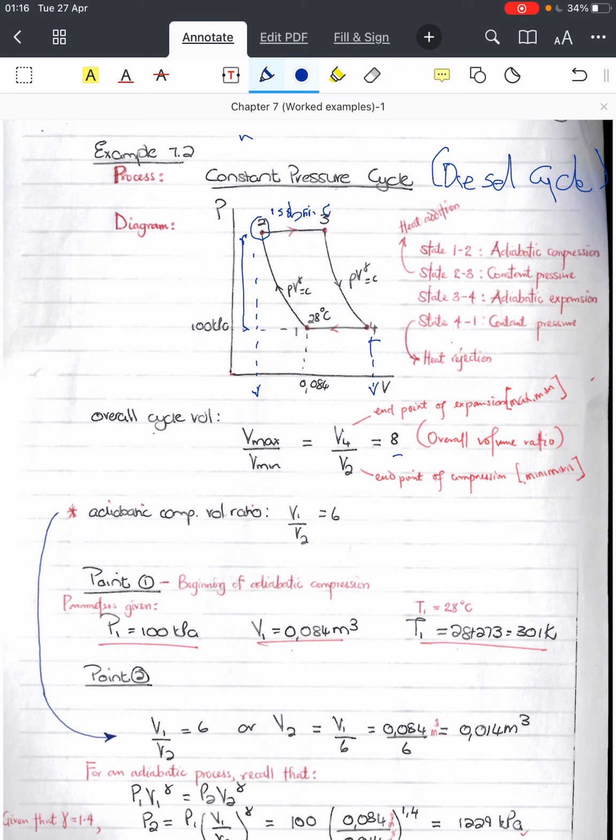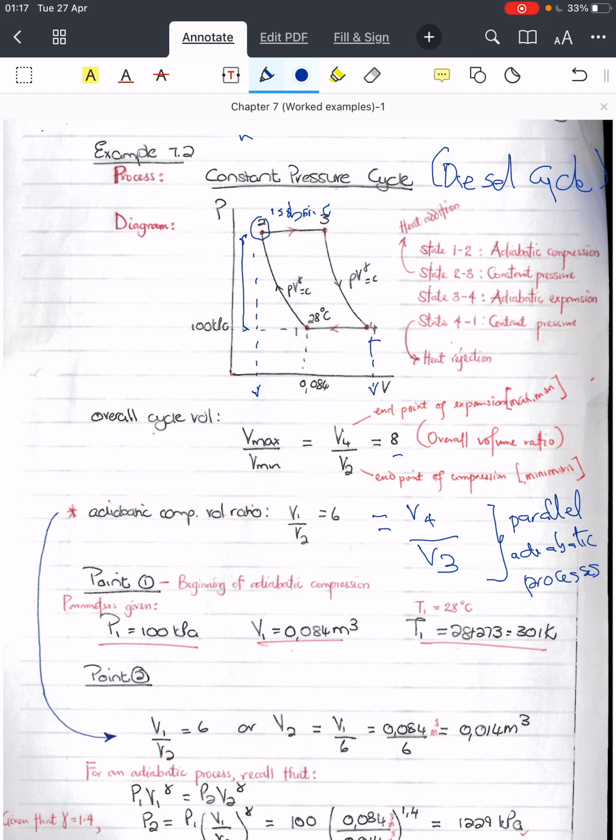If V1 over V2 is equal to 6, then it follows that on the other side, 3 and 4, V4 over V3 will also be equal to 6, because these are parallel adiabatic processes.